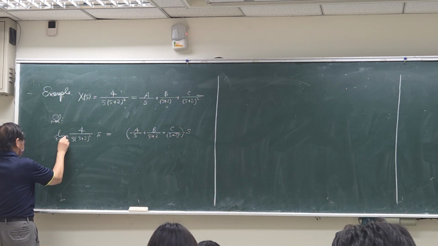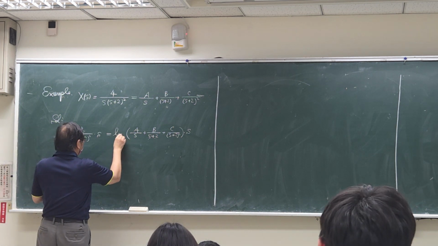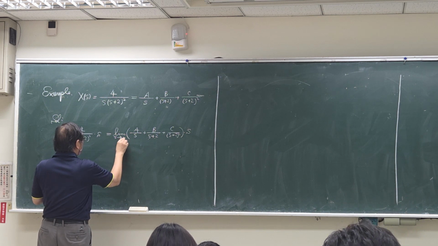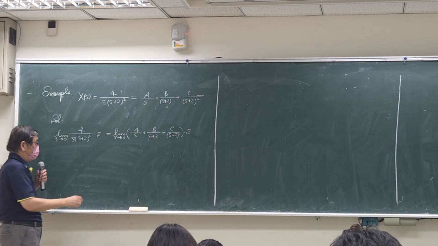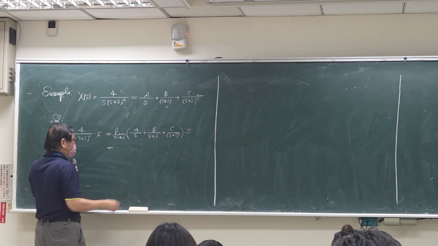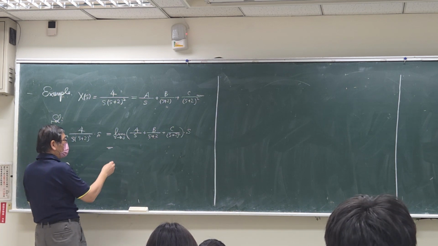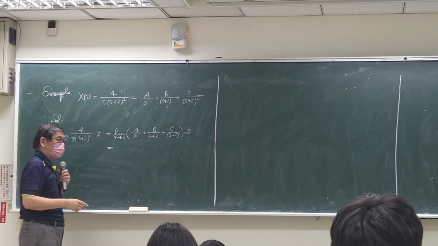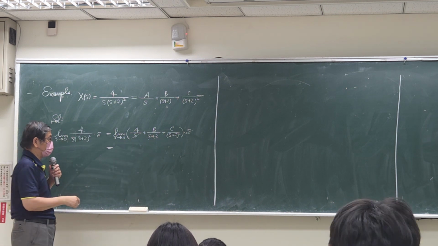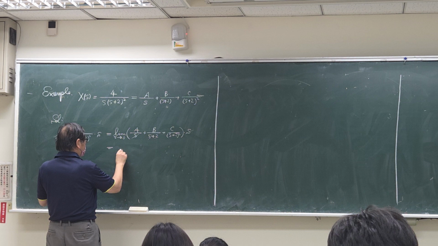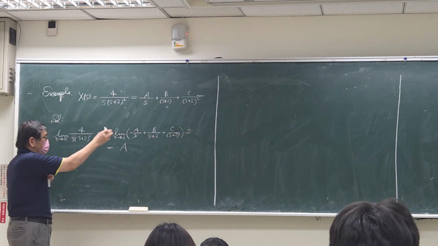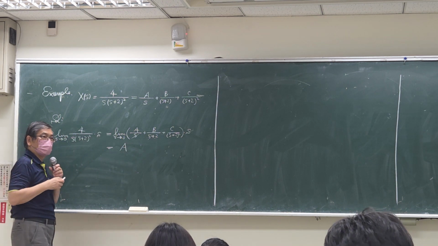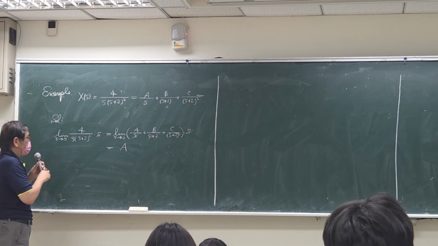We let S approach 0. Now, if we look at the right-hand side, this S will cancel out the S in the denominator for the first term. So we have only A left. The remaining terms vanish. Okay, so this is the A.